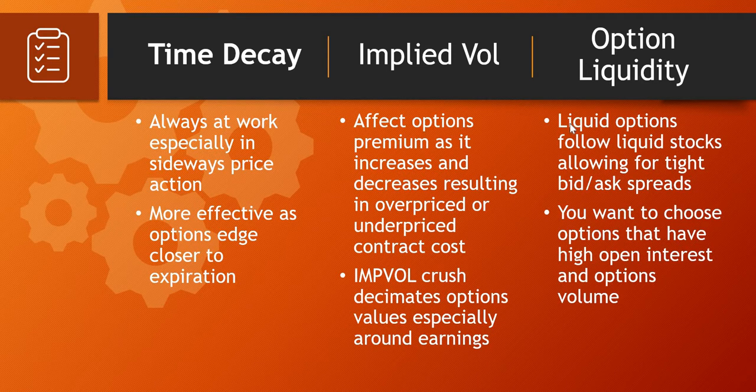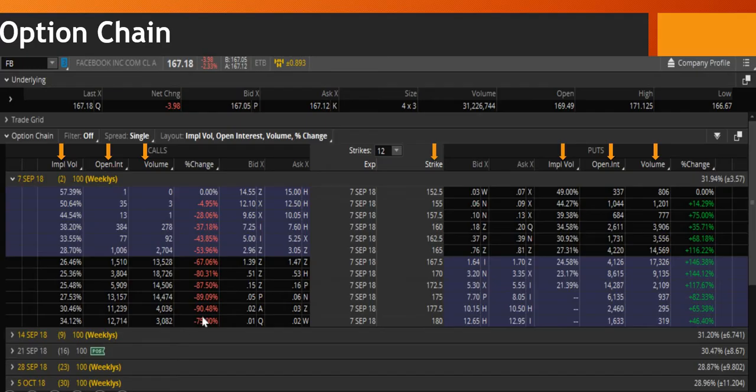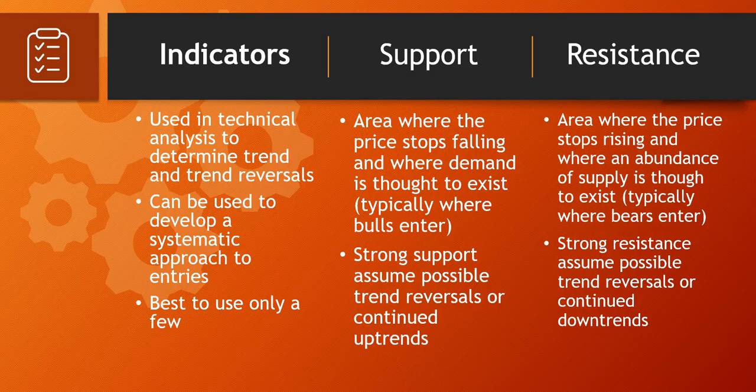Option liquidity. Liquid options follow liquid stocks, allowing for tight bid and ask spreads. You want to choose options that have high open interest and options volume. Have to make sure you choose the right strike.